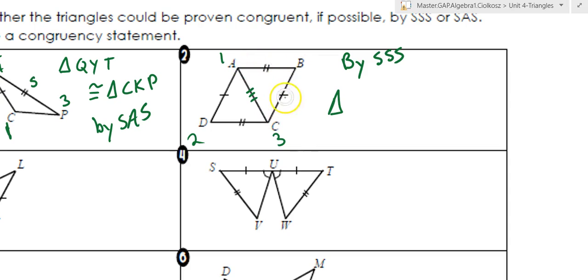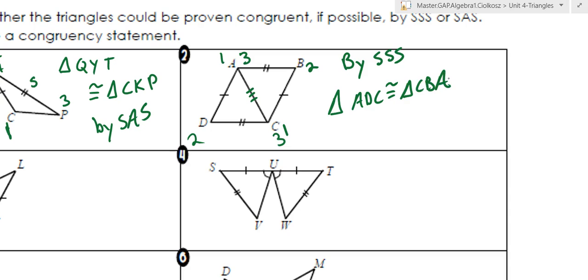So the single line here gives me 1 and 2. My 2 to 3 has two lines, so this one must be 2 to 3. So if I name my first triangle 1, 2, 3, it'd be A, D, C, and that'd be congruent to, since I went 1, 2, 3, C, B, A.